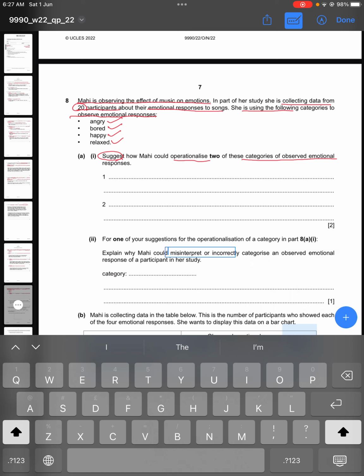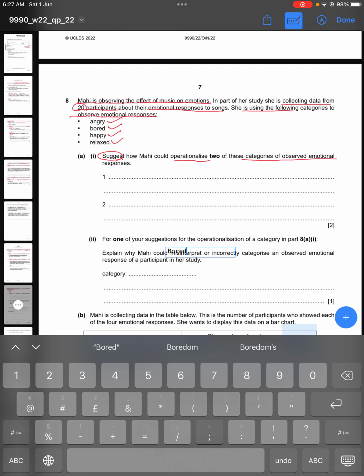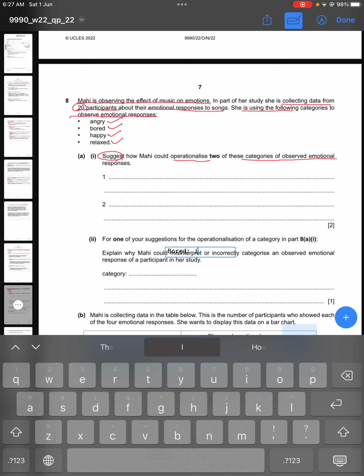So you can write any two out of these four: angry, bored, happy, or relaxed. So let's say I'm writing bored, and for this she can operationalize by seeing if anyone is fidgety, or you can also write if anyone is doodling.